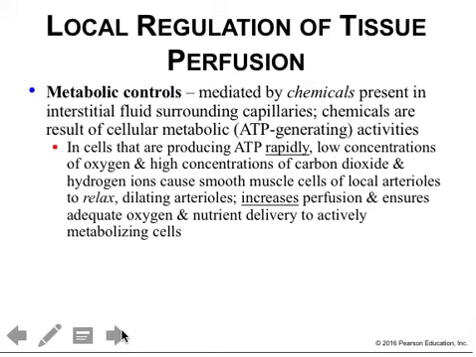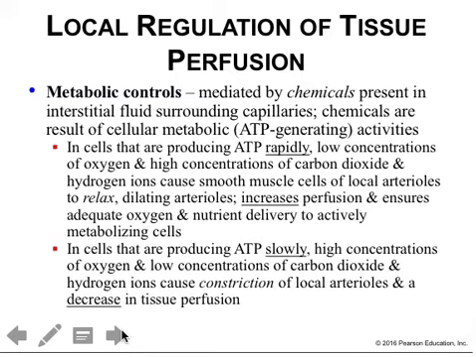This dilates the arterioles and increases perfusion, ensuring adequate oxygenation and nutrient delivery to actively metabolizing cells. In cells that are producing ATP slowly, high concentrations of oxygen and low concentrations of carbon dioxide and hydrogen cause constriction of local arterioles and a decrease in tissue perfusion.